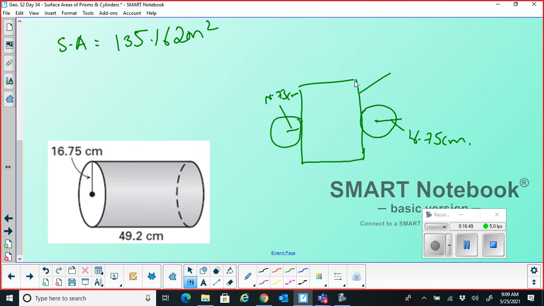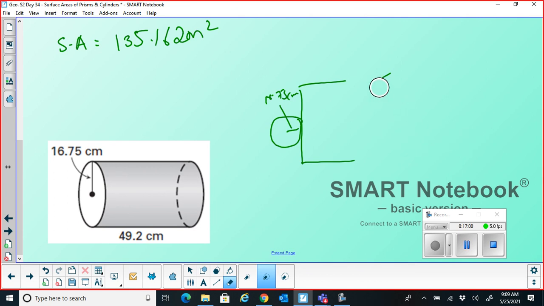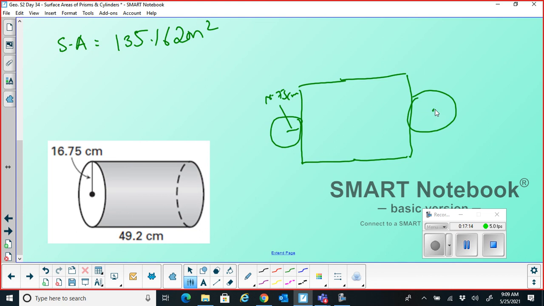So this side is supposed to be a little larger. Okay, let me redraw this. Okay, this is your circle, 16.75. So the length of this particular rectangle, they have given 49.2.